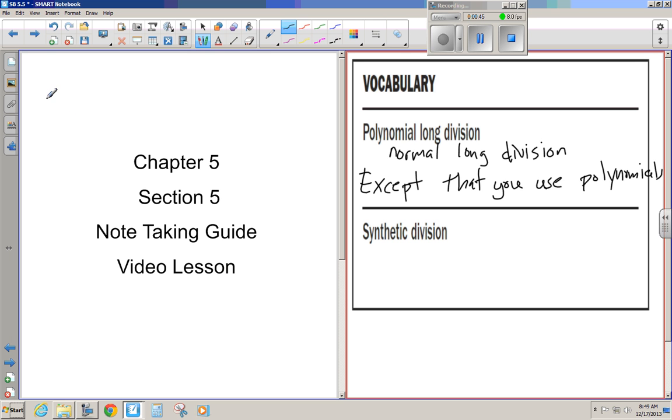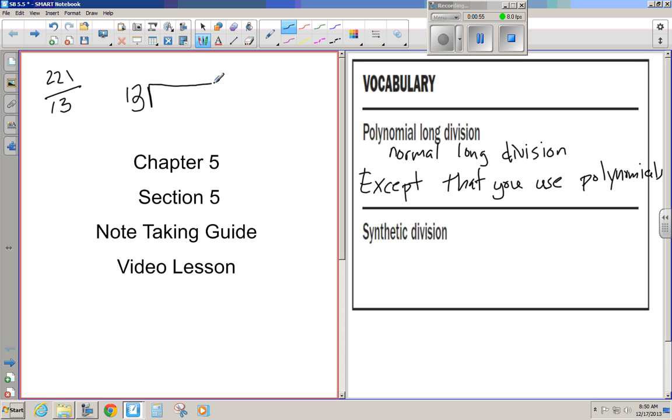So normally, you would have 221 divided by 13. You would put the bottom number outside of the long division. 221 goes here. You decide how many times does 13 go into 22. Well, once. 1 times 13. You multiply. You subtract.